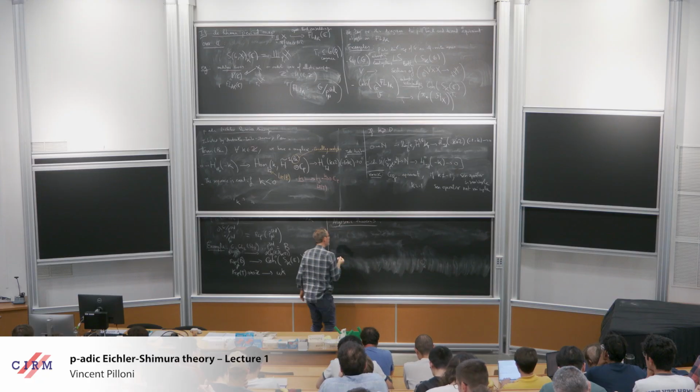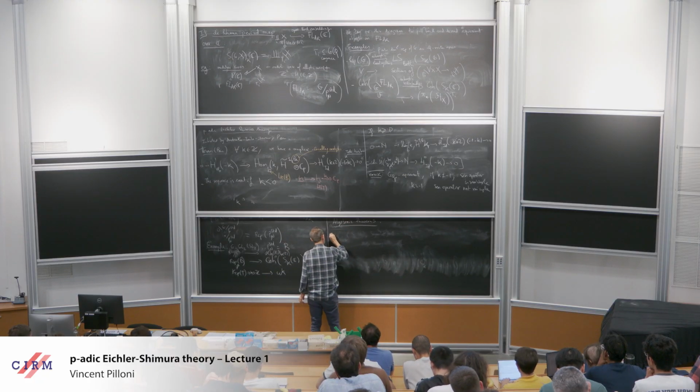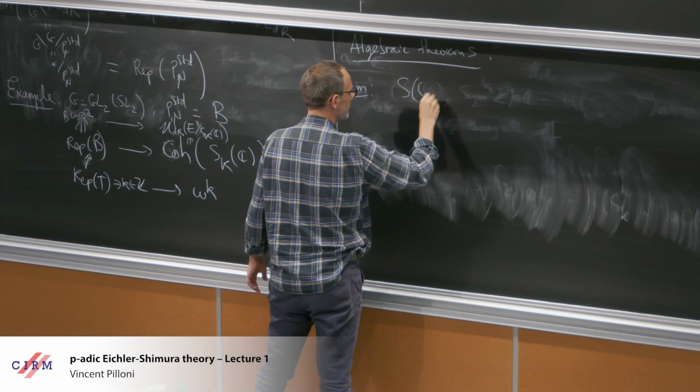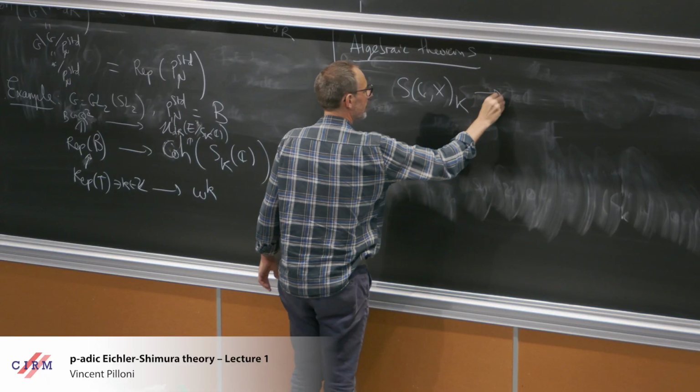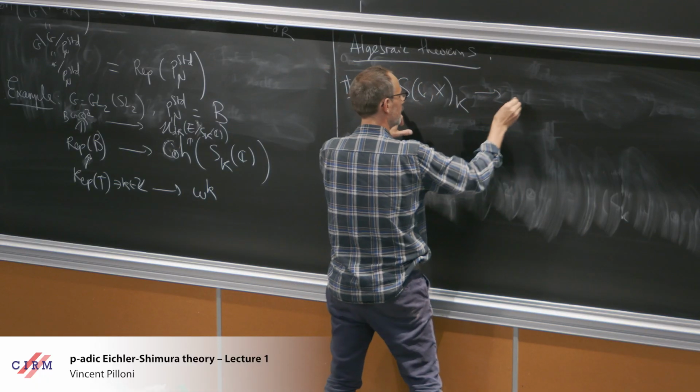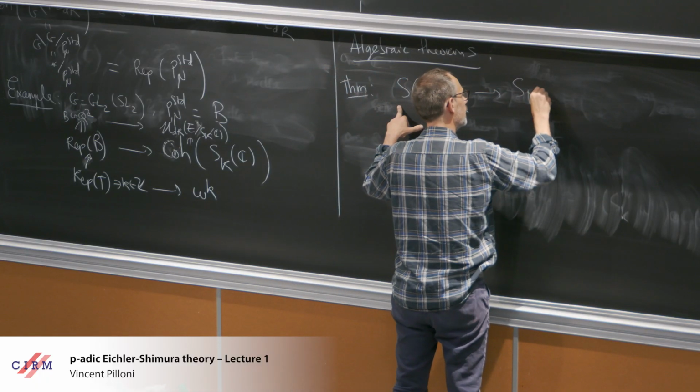Okay, so of course the first theorem that was already implicit in the case of the modular curve is that I always have a canonical model for the Shimura variety.